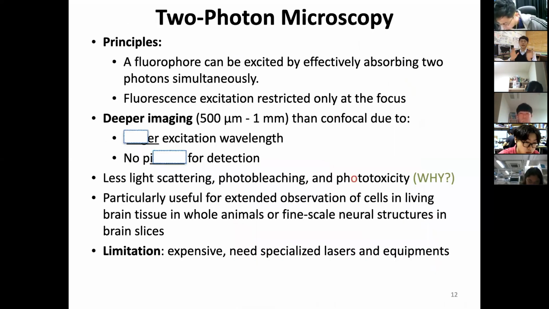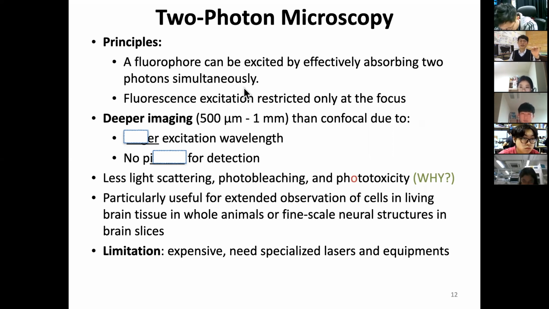Okay, hopefully that makes you understand and you can now answer these principles. A fluorophore can be excited by effectively absorbing two photons simultaneously. And that fluorescence excitation is restricted only at the focus, because this phenomenon can happen only at the focus, right?